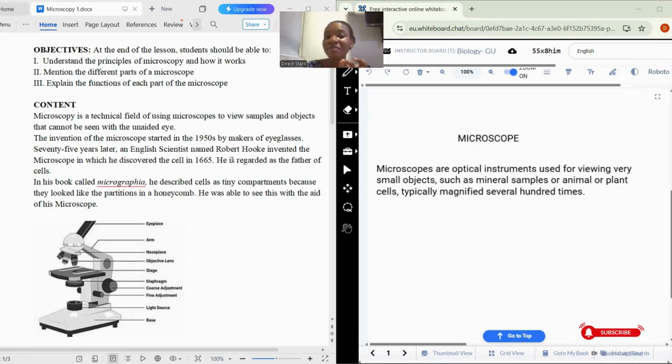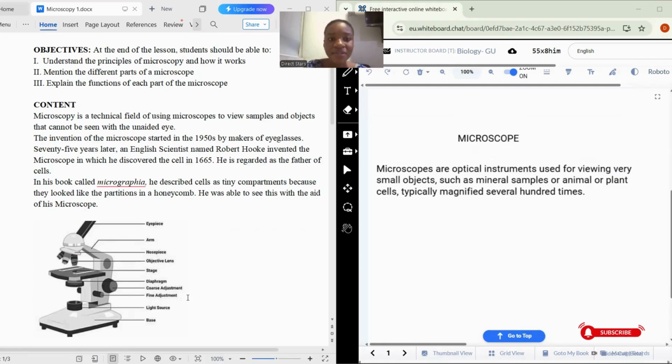When Robert Hooke invented his microscope, it didn't quite look like the microscope we see nowadays. It was quite different. With the aid of his microscope, he was able to find out a few things that most scientists didn't know at that time. He was able to view the cell.